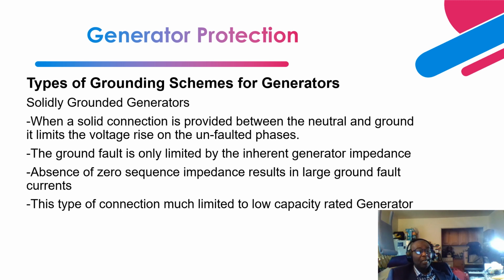Because there's no zero sequence impedance, the ground fault can be very large indeed, because there's nothing on the neutral to limit it. So this can cause a lot of damage to the generator, especially for large generators. So most often than not, solidly grounded generators are utilized for very small, non-critical generators.